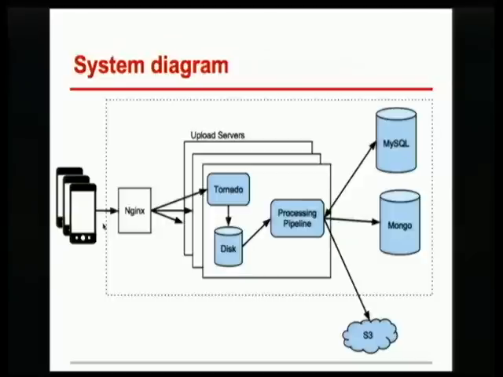We run Tornado as a front end of these boxes, and we keep it super simple. The only job Tornado does is basically writing the image on the local disk. And then we run the processing pipeline that's going to store the data in MySQL, Mongo, and then we store the originals in S3. So, fairly straightforward architecture.